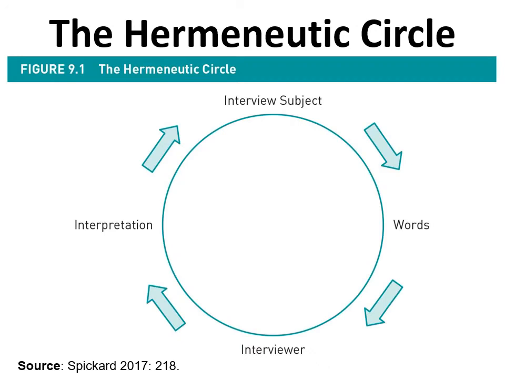Here we have a diagram of the hermeneutic circle, in which at the top we start with our interview subject. They provide us with words. You are the interviewer here at the bottom. So you hear these words, you record these words, you interpret these words, because hermeneutics is about interpretation.